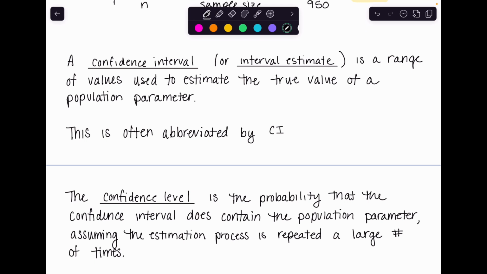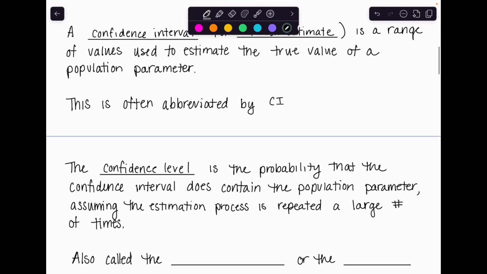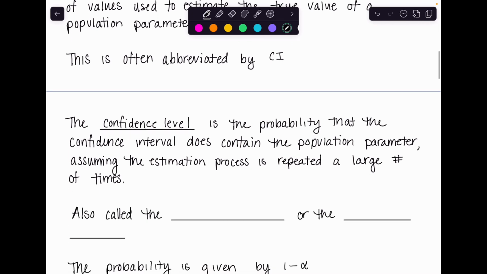So basically, if you were to do more and more samples, you would be pretty certain that the true value is going to lie within this range. So in addition to calling this a confidence level, you can hear this called the degree of confidence, or the confidence coefficient.